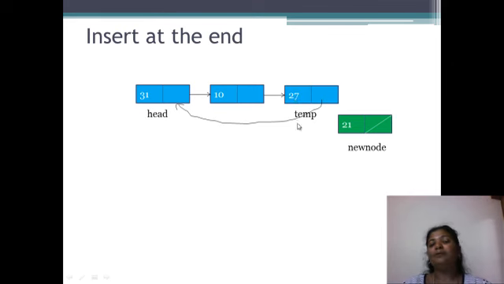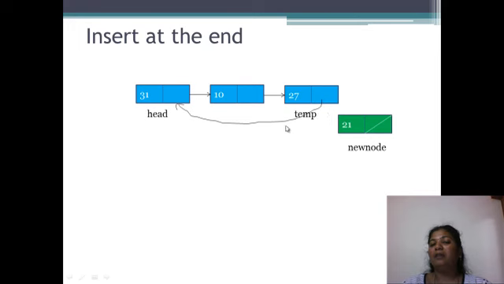So we have to do some pointer adjustment in the current last node. Let us consider the pointer variable temp contains the address of the current last node, which can be obtained by traversing the list from head, that is the first node, and reaching the node for which the next pointer is again pointing to the head node.